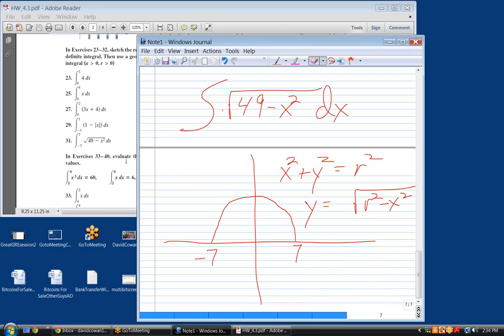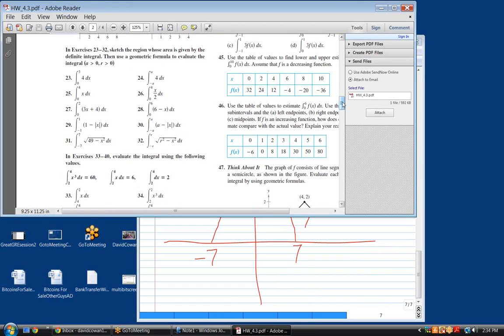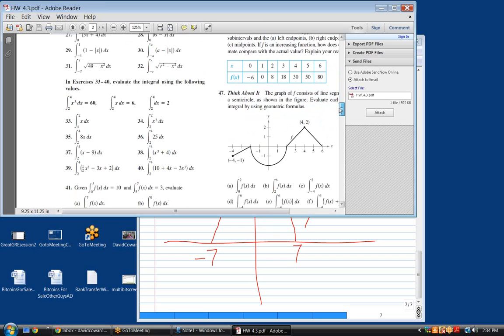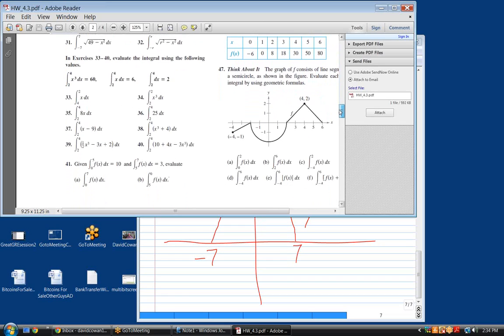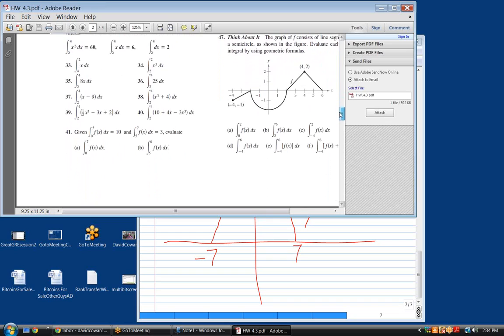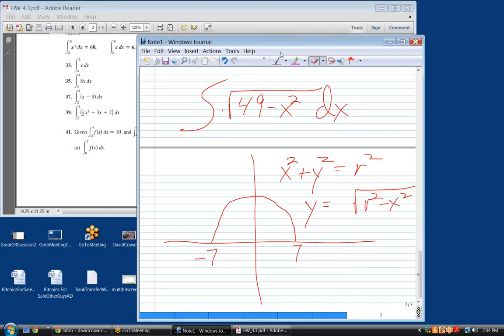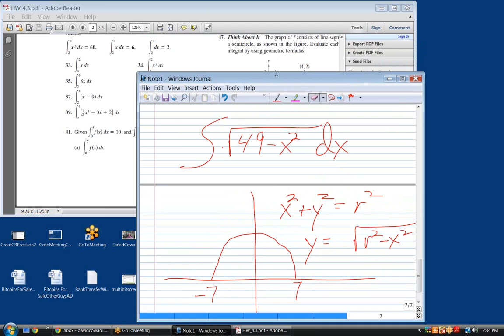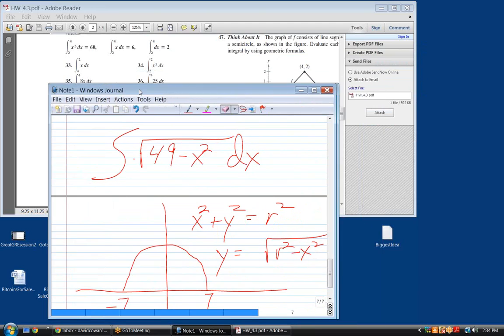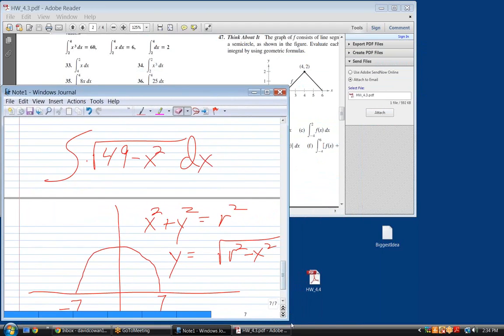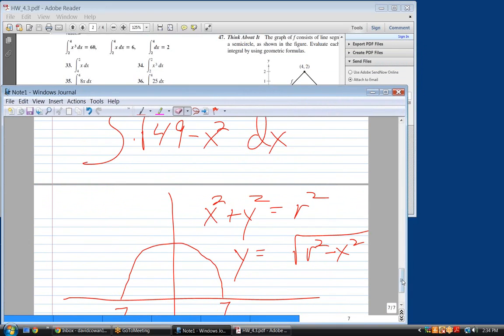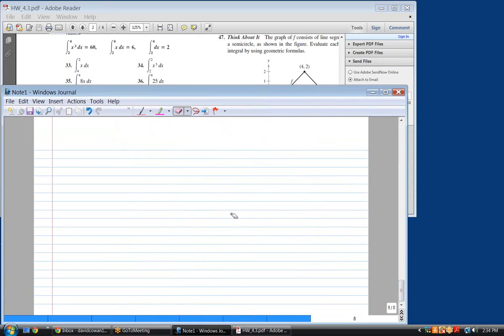Okay. 33. Evaluate the integral using the following values. Okay? Well, 33 is the integral from 4 to 2 of x dx.